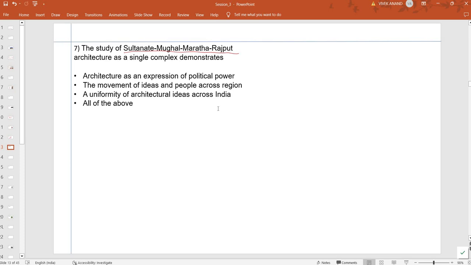Second option says the movement of ideas and people across regions. So will it be right? Obviously, when dynasties change, regions also expand or constrict.